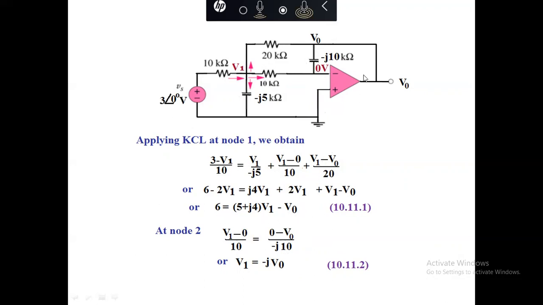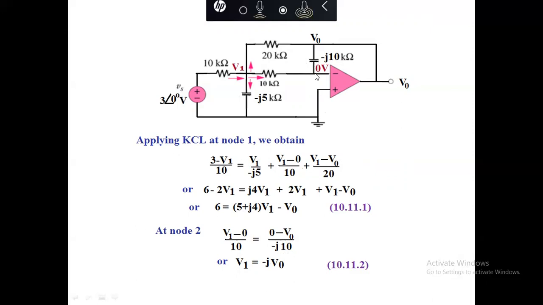Now all the current which is drawn at the output of the op-amp is fed back, and that current is passed through this node.